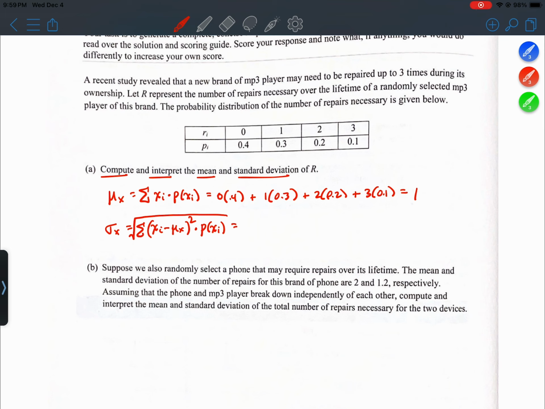So here's the work I'm going to show. I'm going to plug in the first value and probability into this expression, so this would be 0 minus the mean 1, squared, times the probability 0.4.